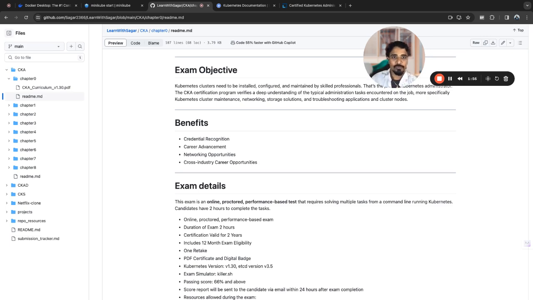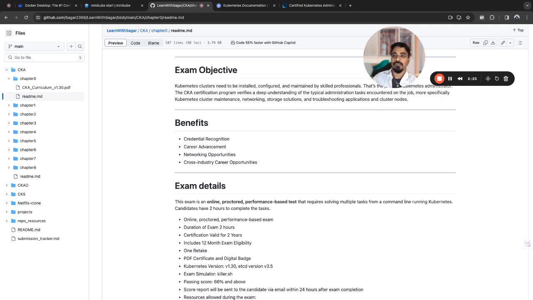So the benefit of taking this exam: since this is a proctored, online and performance-based exam, which you need to finish within 2 hours of time, it is a very recognizable exam, and it will also help you to advance in your career, with networking opportunities and cross-industry career opportunities as well.